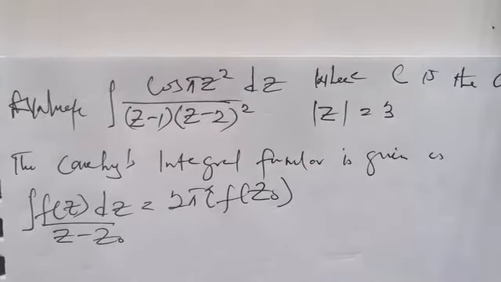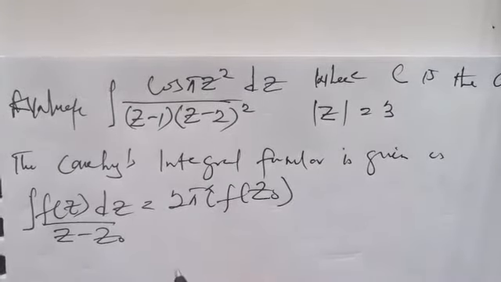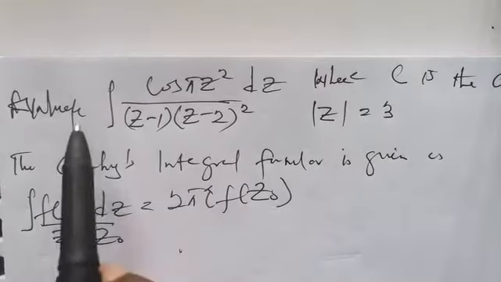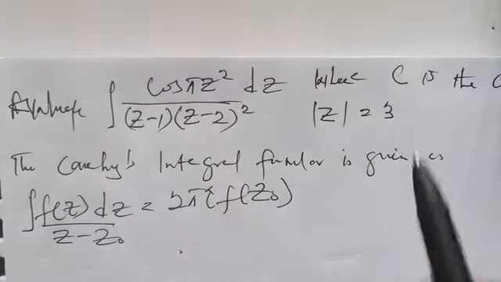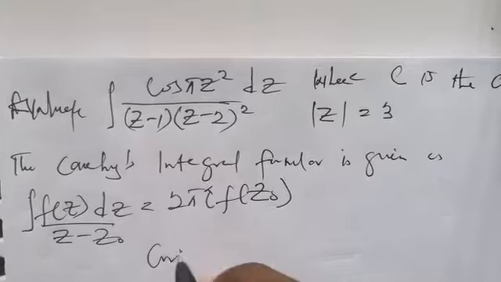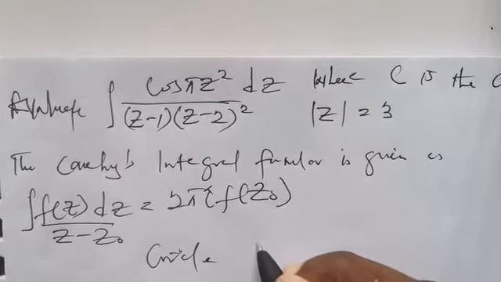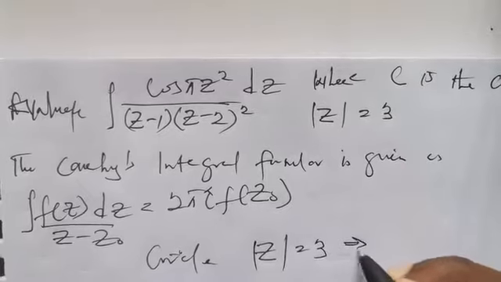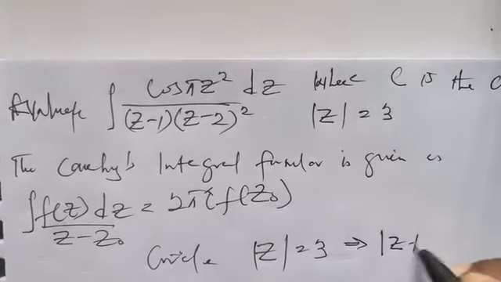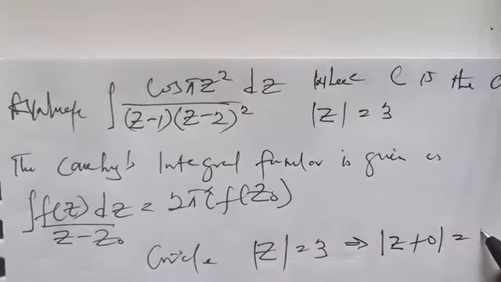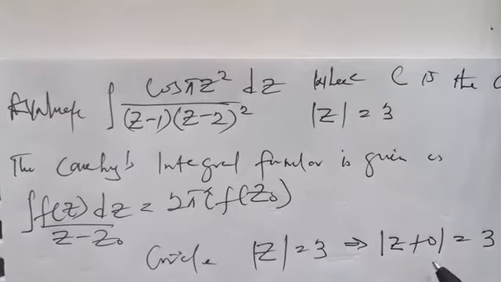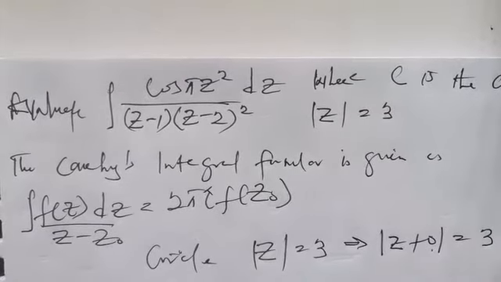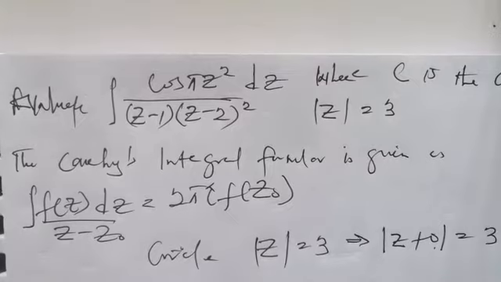Now you are given to evaluate the integral of this function, and we are given a circle, |z| = 3. Now this simply means |z − 0| = 3, where 0 is the center of the circle and 3 is the radius of the circle.